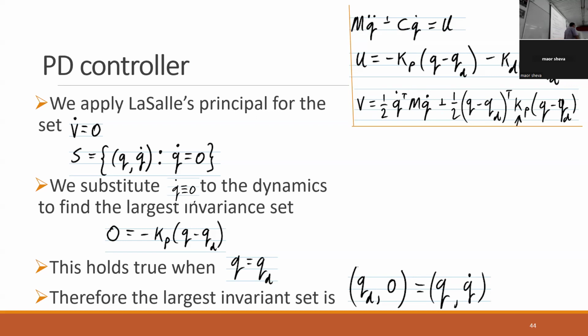And this is good because it means that if the system starts from any initial condition, then it will get eventually, after some time or infinite time, to the set point of q equals qd and q dot equals 0.